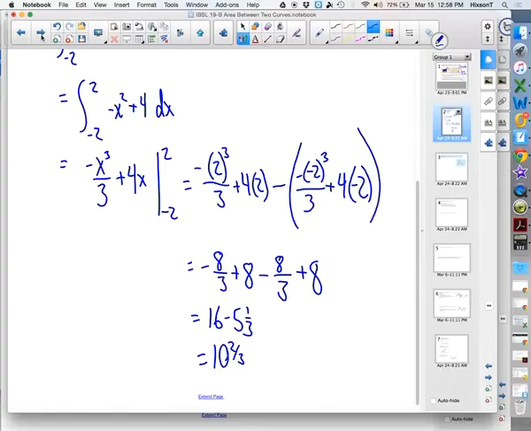So that's our area. There's 3 minuses. Yeah. This was cubed, so it stayed negative, then it was made positive, but then that made it negative. So. Alright, does that make sense?